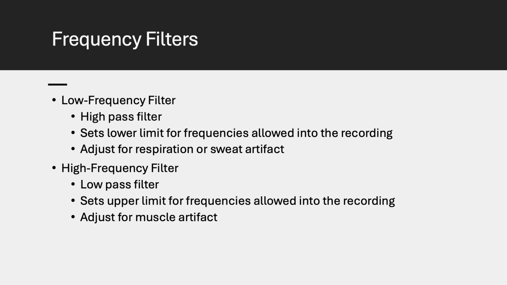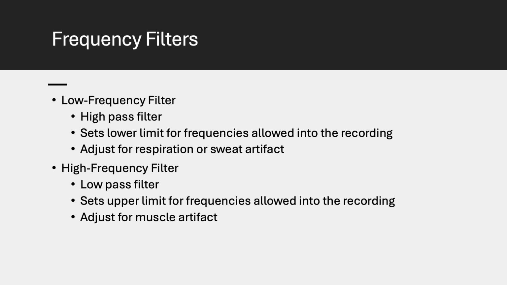If you set an EEG low frequency filter of 0.3, most of the signals below 0.3 Hz will be eliminated because 0.3 is the lowest frequency you're allowing in this filter. So when the low frequency filter, also known as the high pass filter, is set, the frequencies above that number are allowed in. On the other hand, the high frequency filter assists in getting rid of higher frequencies.